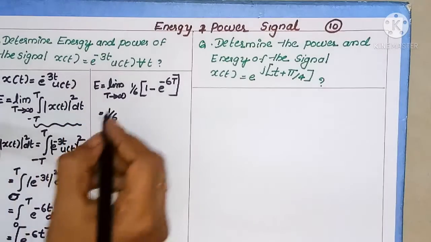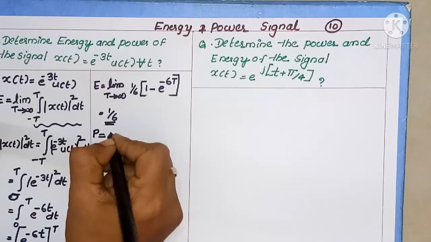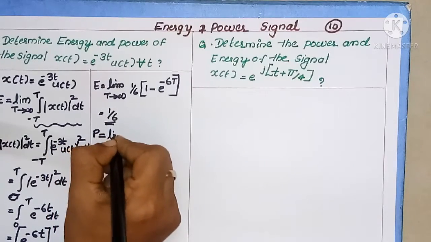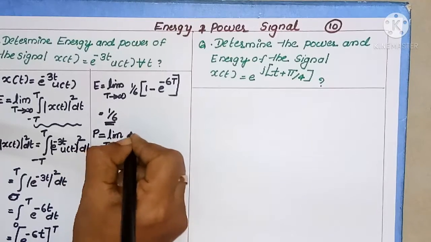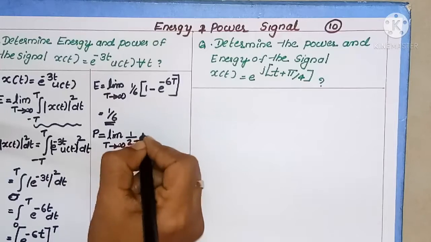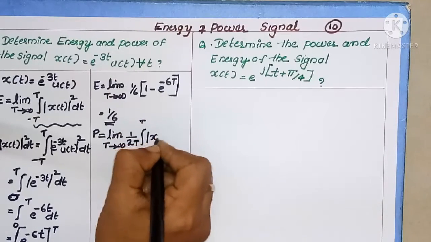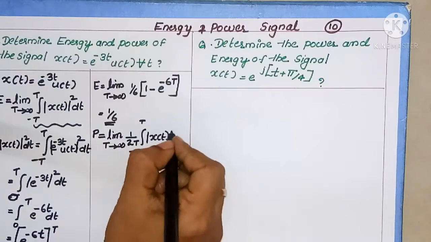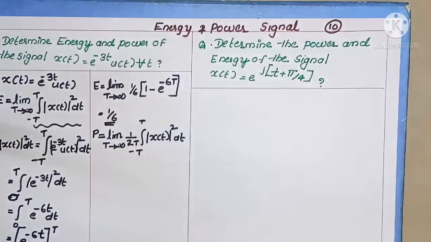Next we need to find the power of the signal. The equation of the power: P equal to limit t tends to infinity 1 by 2t integral of minus t to t modulus of x of t the whole square dt.